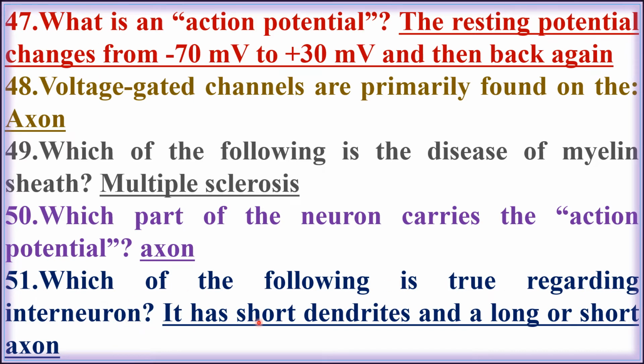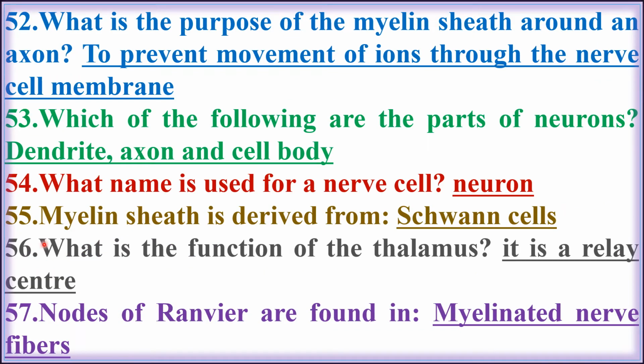It has short dendrites and a long or short axon. Next, what is the purpose of the myelin sheath around an axon? It prevents movement of ions through the nerve cell membrane.